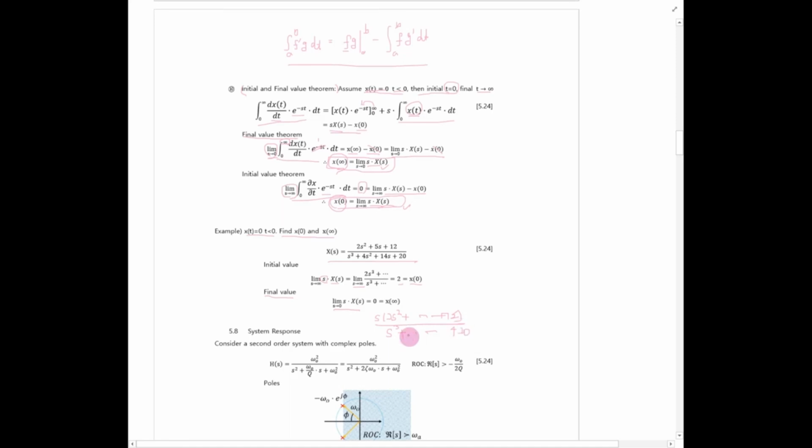If we take s approaching 0, the denominator remains only 20. But the numerator approaches 0 because of this s. That's why the final value is 0 in this case.